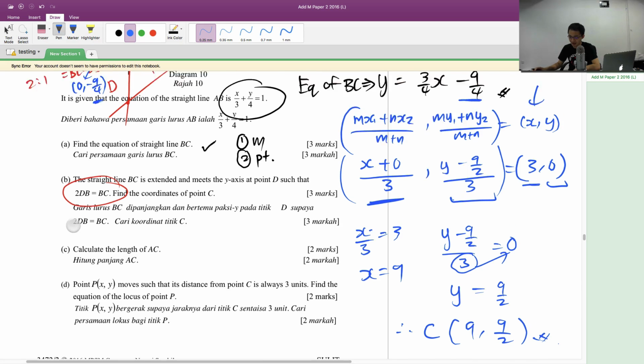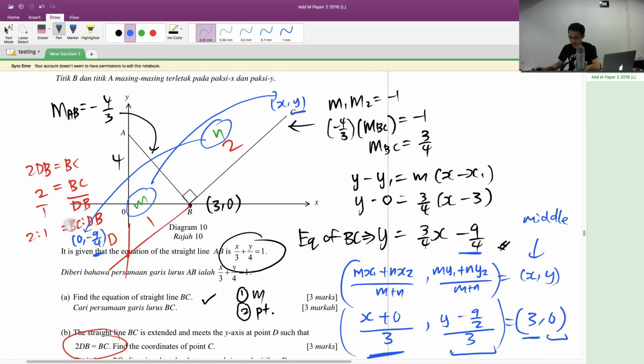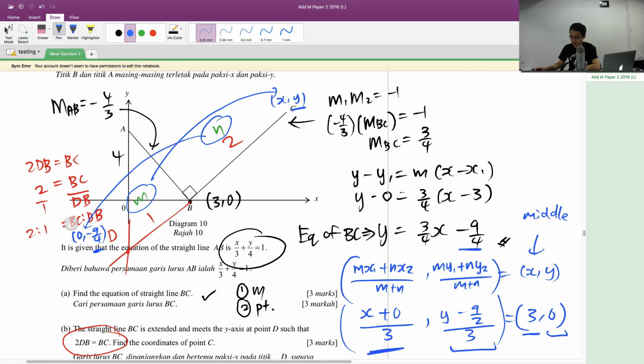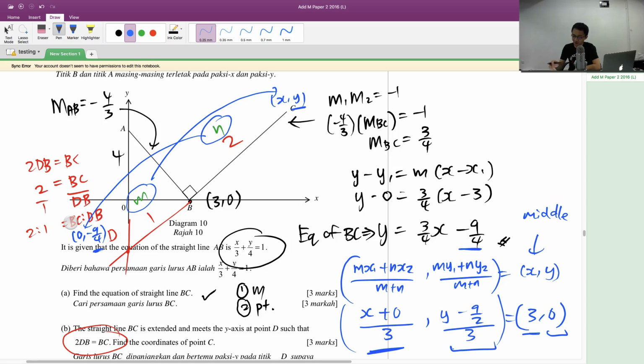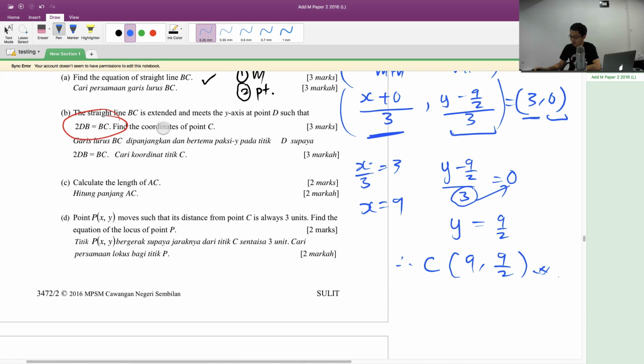Then what we do next is we need to find the length of AC. Since you have the coordinate already, definitely we need to have the coordinate A. Because A is basically the y-intercept and the value here is 4, we know this is (0, 4). So now we have A and C. The question asks you to find the length of AC.